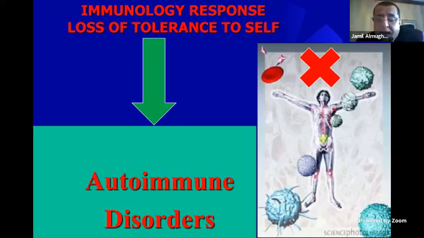Autoimmune means destruction or disorders. As I mentioned before, the immune system is designed to protect and defend. But if the immune system attacks self protein, self tissue, self organs, it will unfortunately cause intensive and extensive self damage, which is called autoimmune damage or autoimmune disorders.